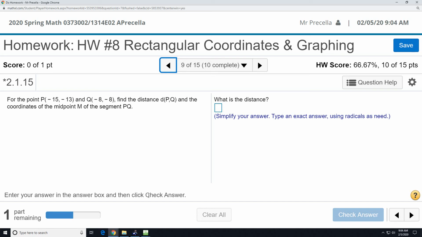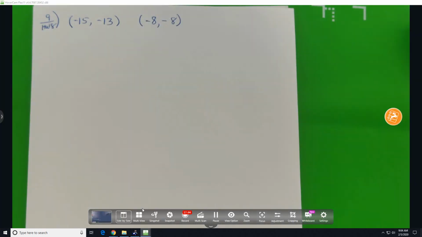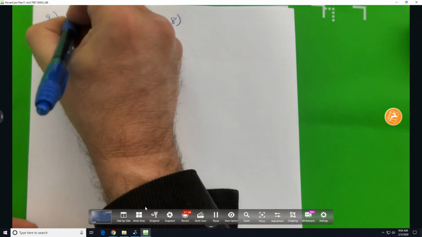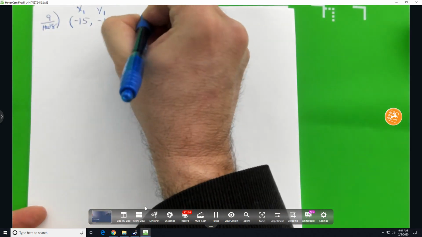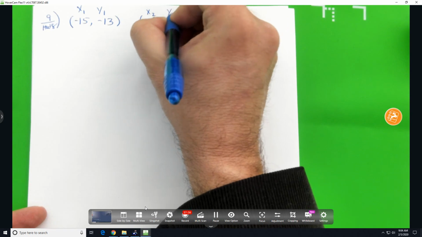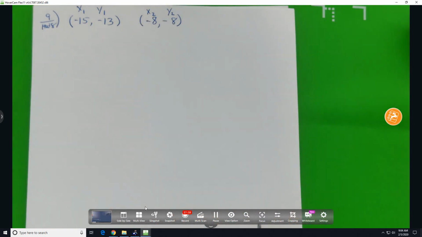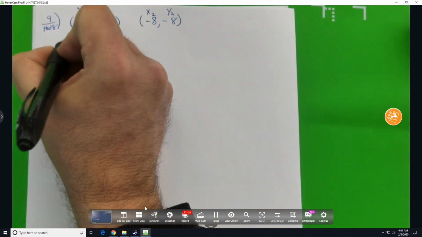So, I'll label each ordered pair X1, Y1, X2, Y2, and let me go ahead and write down the distance formula.